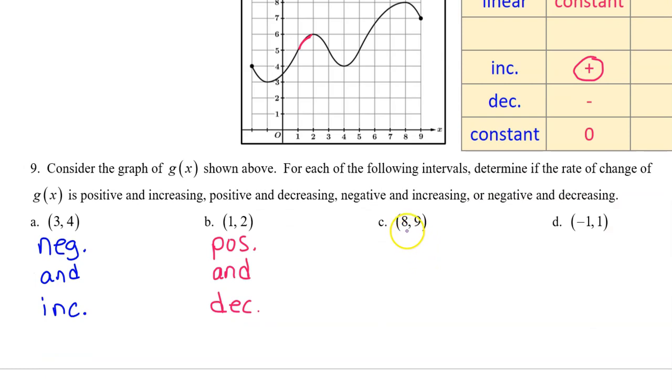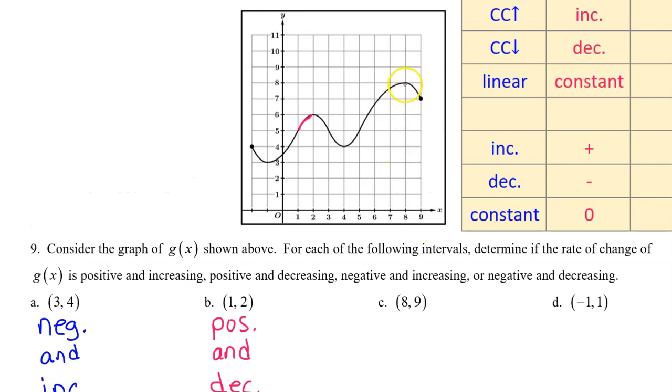Let's consider the interval from 8 to 9. From 8 to 9, g of x is decreasing. So that tells me that the rate of change is negative. On this interval, g of x is also concave down. See the umbrella shape happening throughout this interval? So concave down, therefore the rate of change is decreasing. So on the interval from 8 to 9, the rate of change of g of x is negative and decreasing.